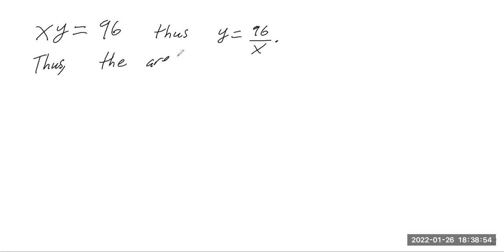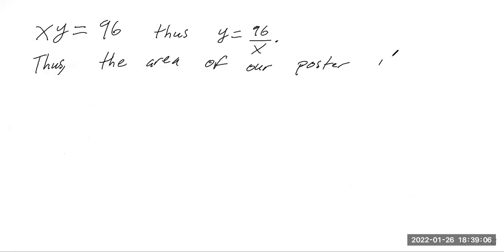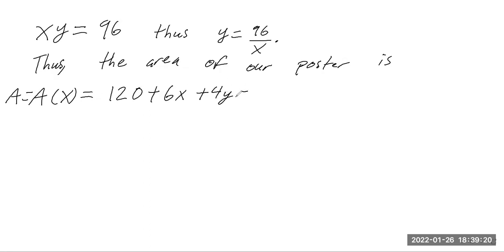Thus, the area of our poster, if I just look back at the formula real quick, is 120 plus 6X plus a 4Y. But now, to get it all in terms of X, we just replace.